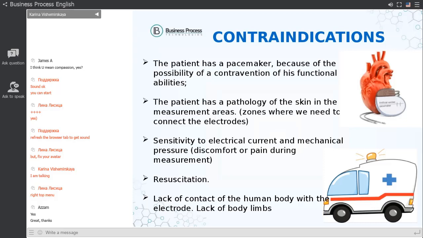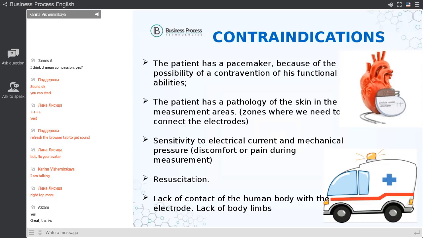We can avoid this small pimple. But if this is a pathology and the skin is covered with some things, it is not recommended to run the test until the person cures these symptoms a little bit.